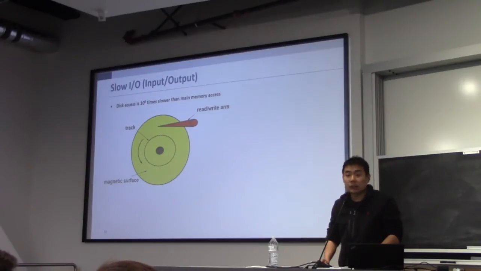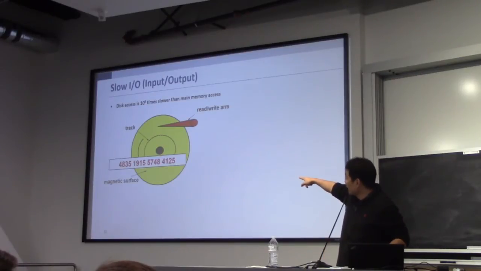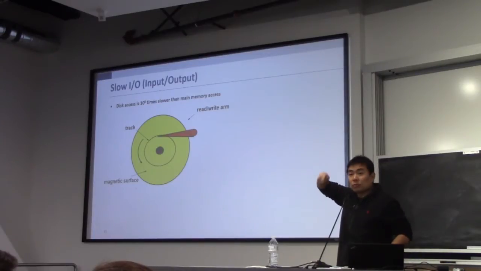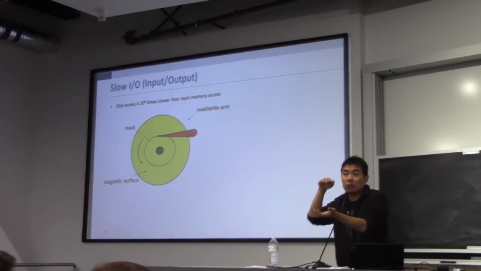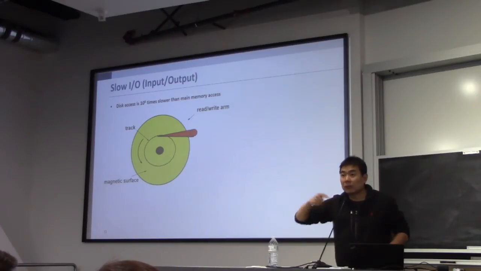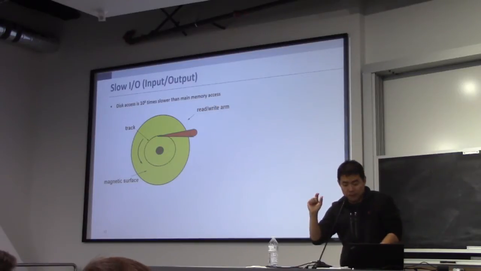The way you're going to read it is, suppose that's where your data is, you move the arm to align to that track, and you also need to rotate the track such that the area holding the data you want to read is right below the head of the arm. Does that make sense? So there are two movements. One is to move the arm in and out so that the head of the arm is aligned with the track that has your data.